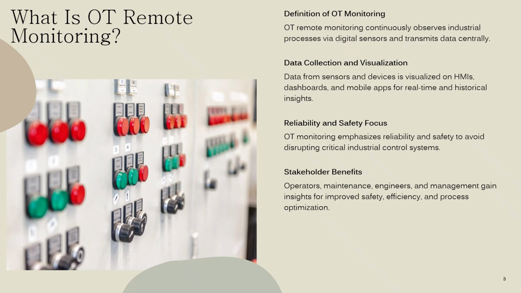OT remote monitoring supports multiple stakeholders. Operators gain situational awareness, maintenance teams detect early signs of failures, engineers optimize processes, and management gains high-level performance insights. Together, these capabilities transform raw operational data into actionable intelligence that supports smarter, safer, and more efficient industrial operations.